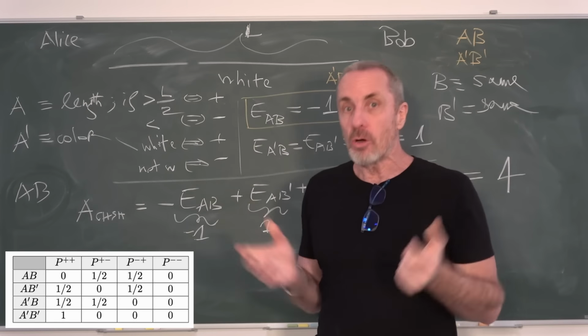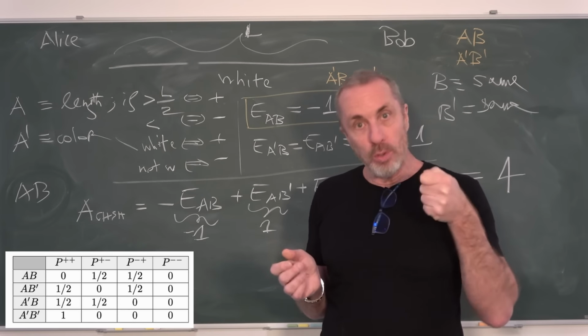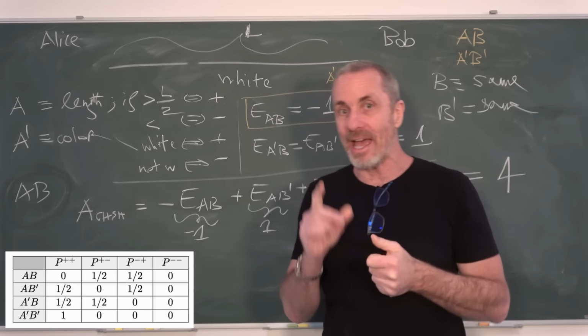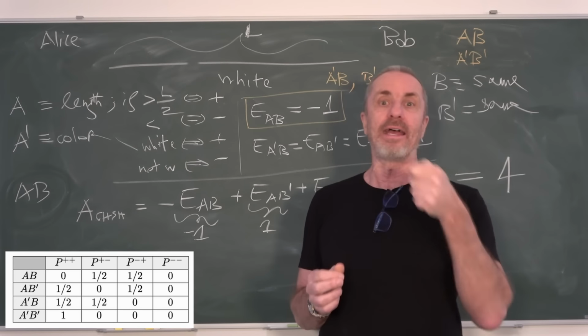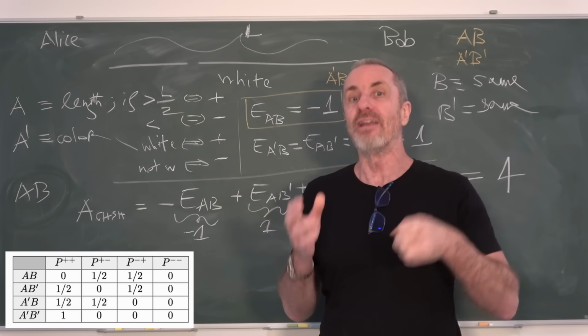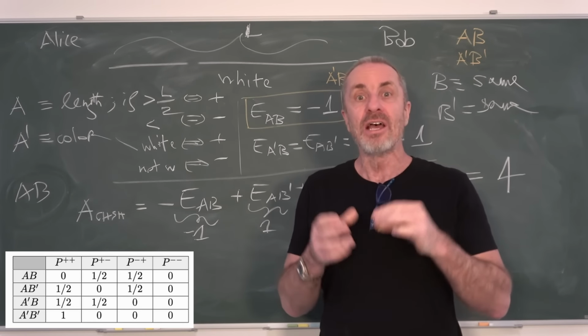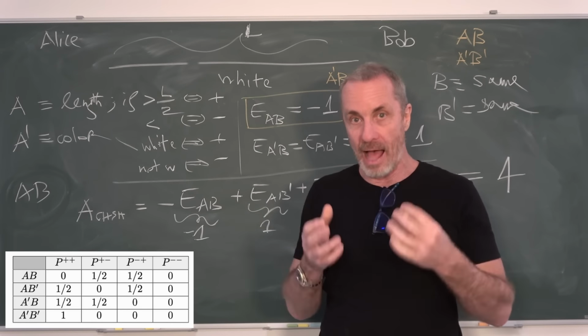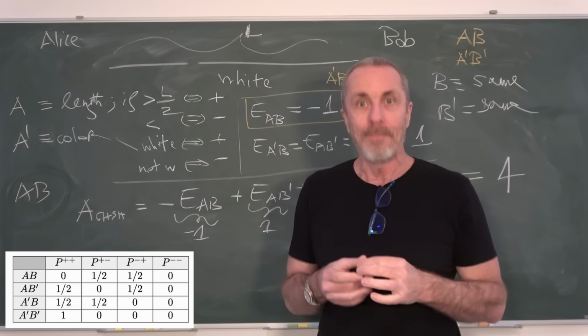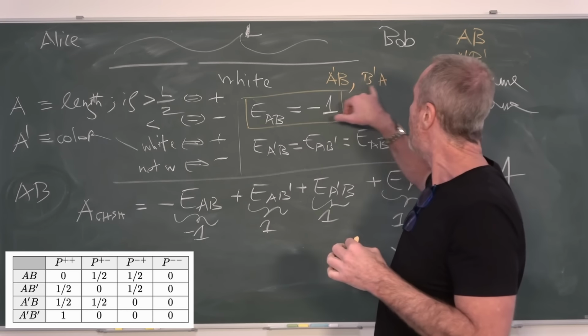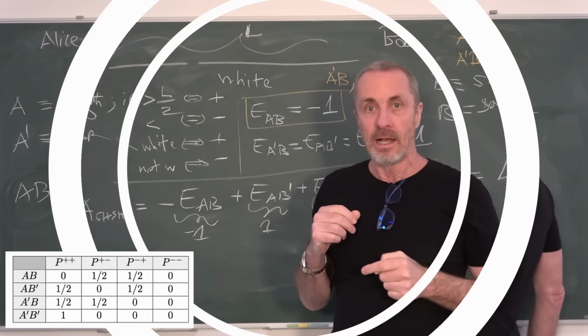Why? Well, because now when Alice pulls the string, she will not anymore systematically collect the full string of length L, which means that she will not always have a plus outcome, but she can also have a minus outcome. And same for Bob.